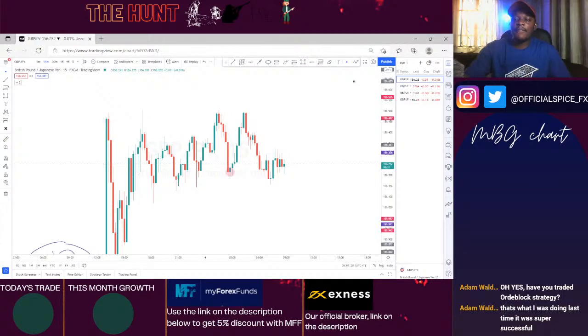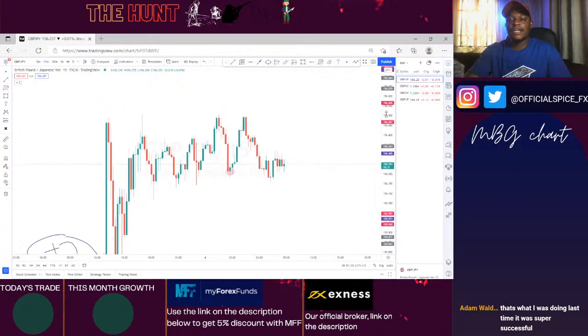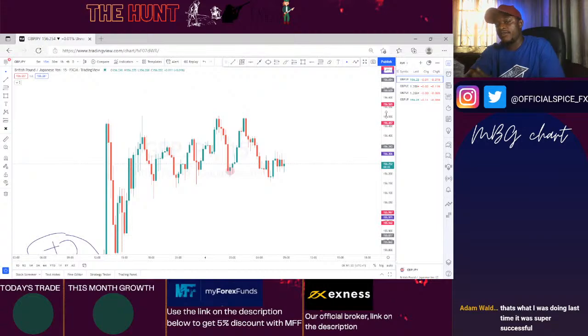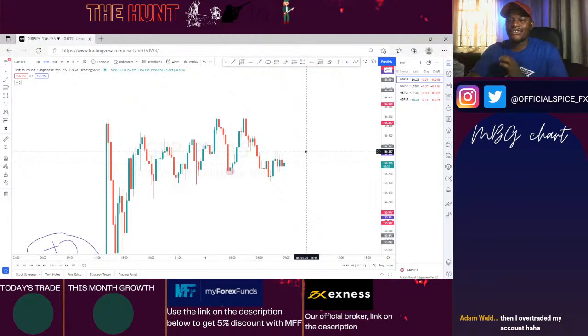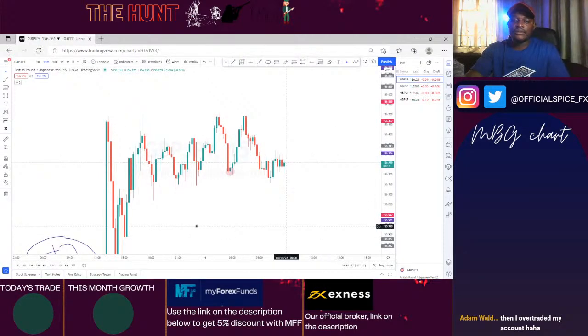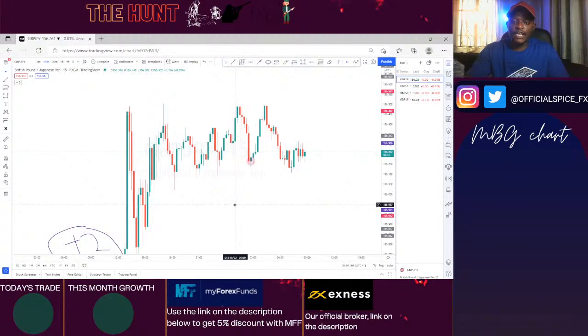So if you make the analysis very, very right, and you want to buy, if the fundamental comes out, it's just going to push the market in your direction. I've experienced that many times. But it's always safe for those of you that have a very tight stop loss to get out of the trade before the news.